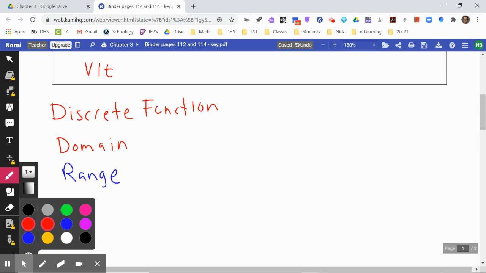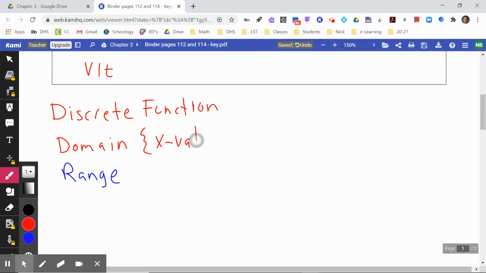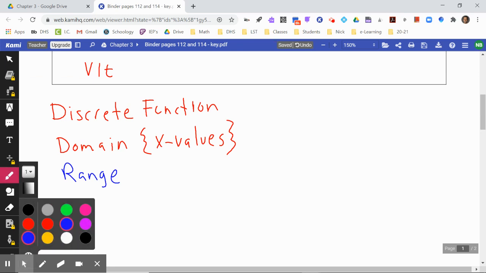When we talk about our domain of a discrete function, we're just simply going to list out all the different x values, and we're going to put those in those curly brackets. And when I talk about my range, I'm going to talk about just my y values. And again, I'm going to put those in those curly brackets.